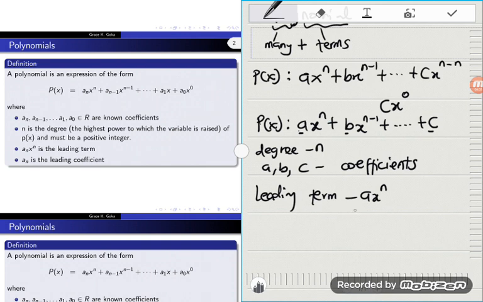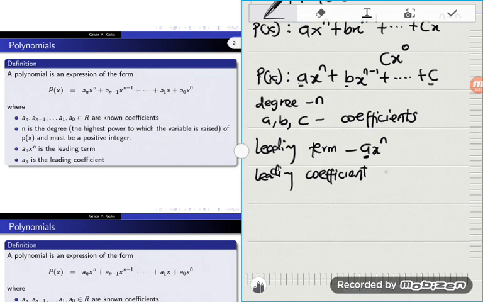Now, if this is the leading term, then the number attached to the leading term is what is known as the leading coefficient. So in that same polynomial, our leading coefficient will be a. Why is it a leading coefficient? Because it is the coefficient in the leading term. And why is ax to the power n the leading term? It is the leading term because it is the term in which the highest exponent can be found.